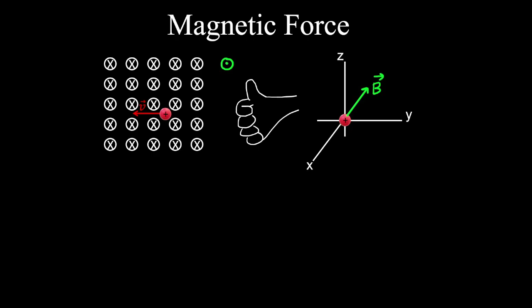Now a magnetic field will exert a force on a charged object moving within that field. And this force is going to depend on the charge and the cross product between the velocity vector of the charge and the magnetic field vector.